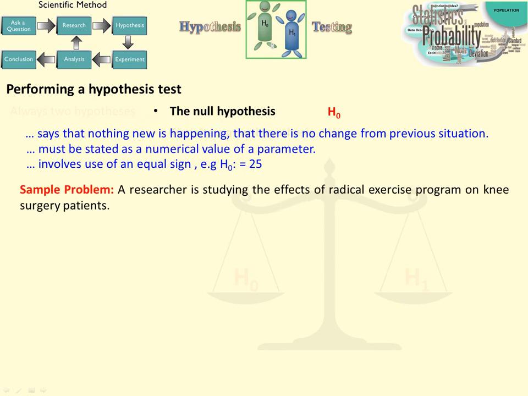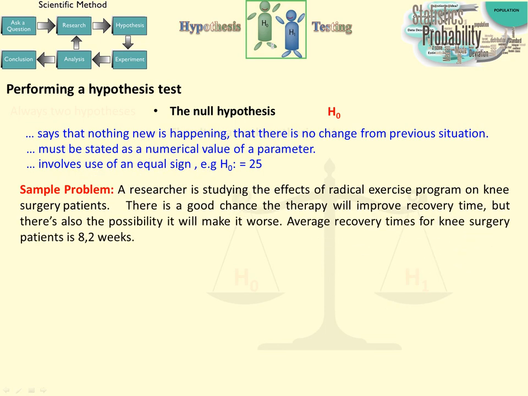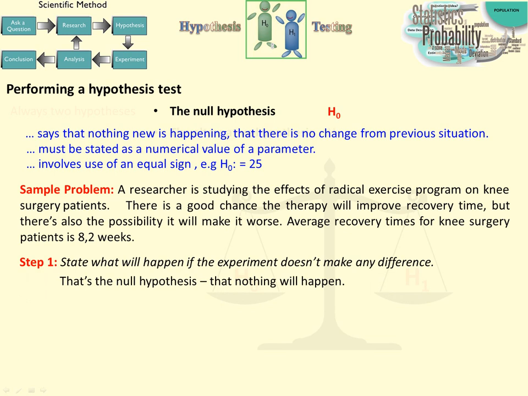So let's look at a sample problem. A researcher is looking at the effects of a radical exercise program on knee surgery patients. There's a good chance it will improve recovery time, but it may make it worse. The average recovery time for knee surgery is 8.2 weeks. First of all, we state that nothing will happen, and that's the null hypothesis.